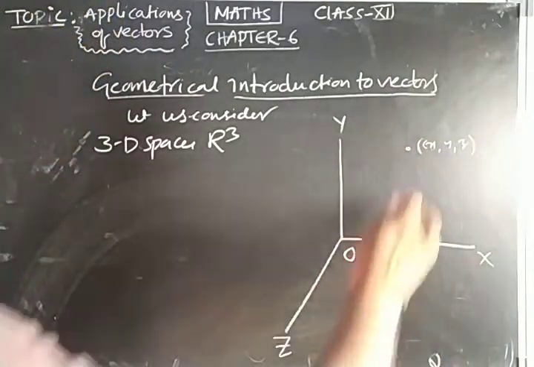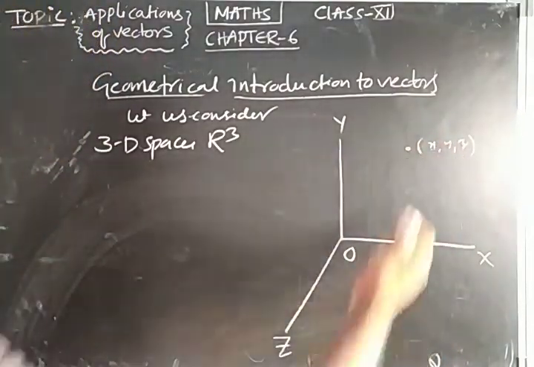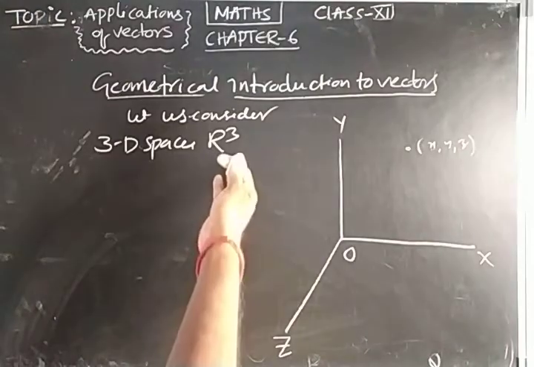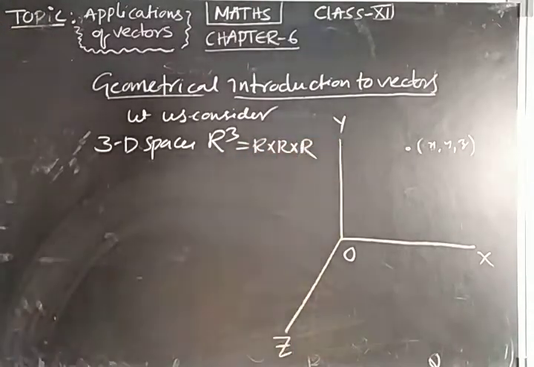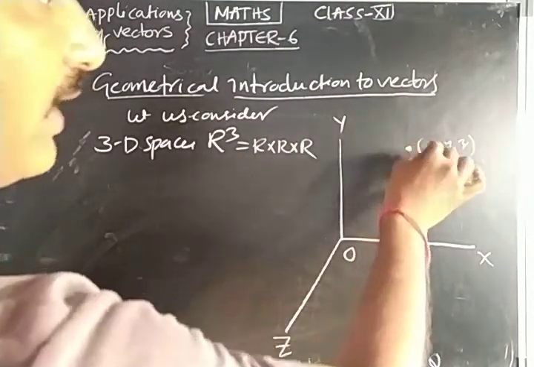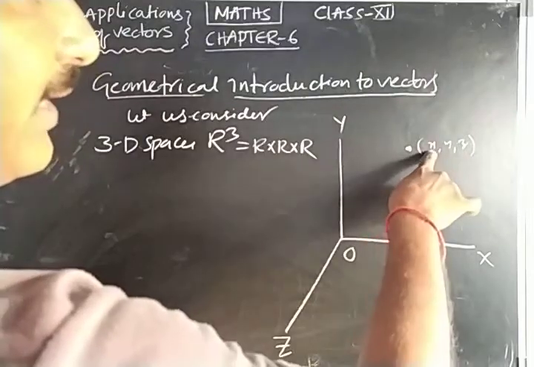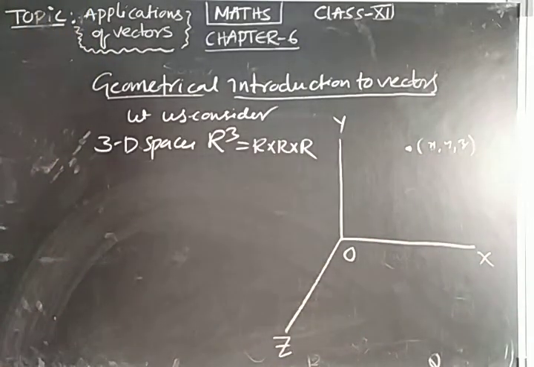Ordered triples. Every point in the space is denoted by an ordered triple x, y, z. R cube is nothing but R cross R cross R, it contains all ordered triples. So if you want to take one point in the space, you have to take x coordinate, y coordinate, z coordinate, right?